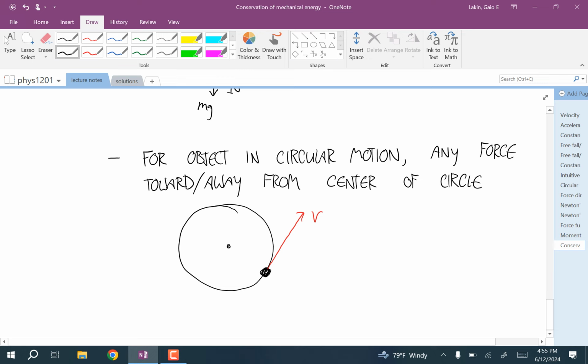That's a pretty common situation. Then the force applied by that cable is along that line toward or away from the center. And you can see these two, the velocity vector and that cable force, are perpendicular to each other. So that cable force, no matter how big a force it is, doesn't do any work on this object.